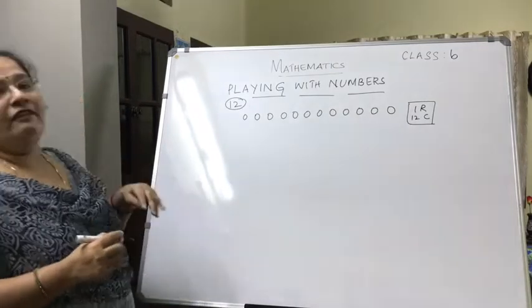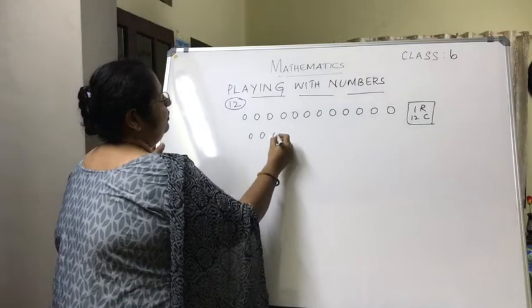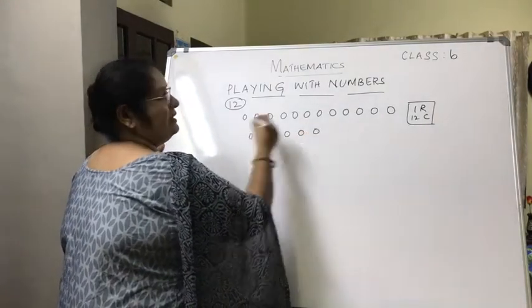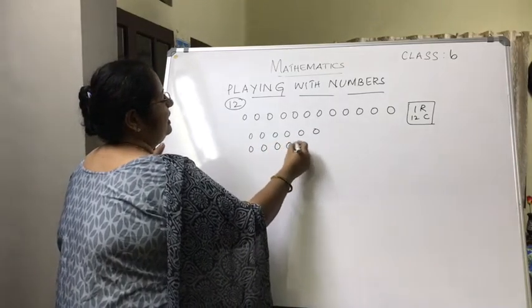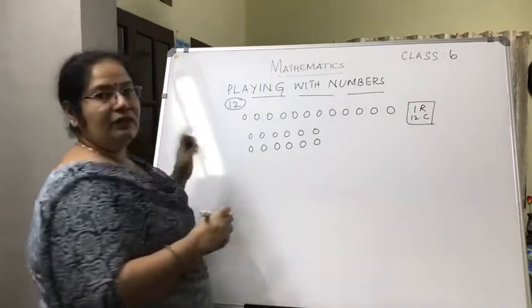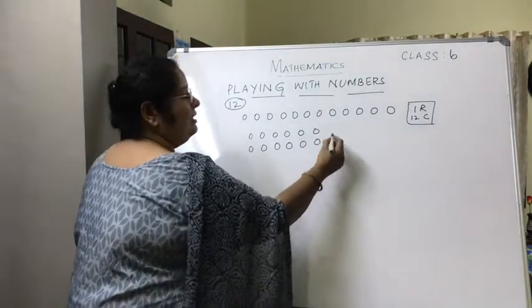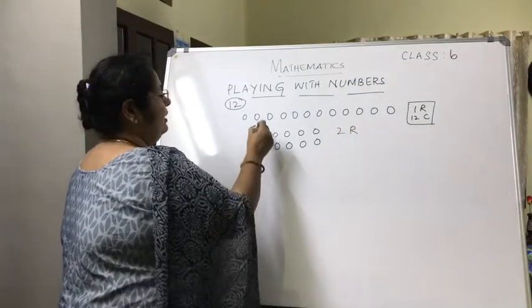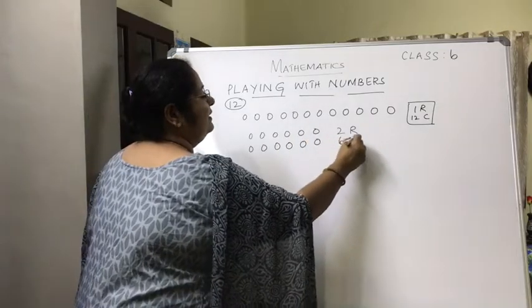Now another way is there. See here, 1, 2, 3, 4, 5, 6, 7, 8, 9, 10, 11, 12. 12 beads. Now how many rows here? 2 rows. And how many columns? 1, 2, 3, 4, 5, 6 columns.